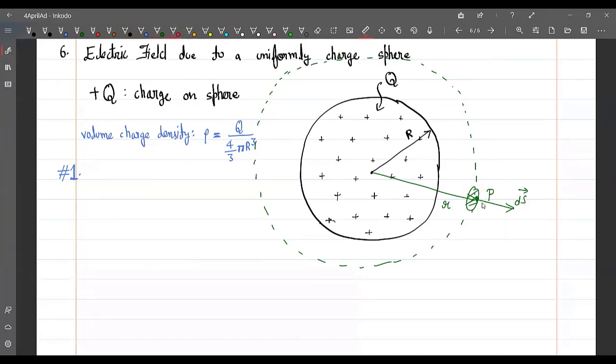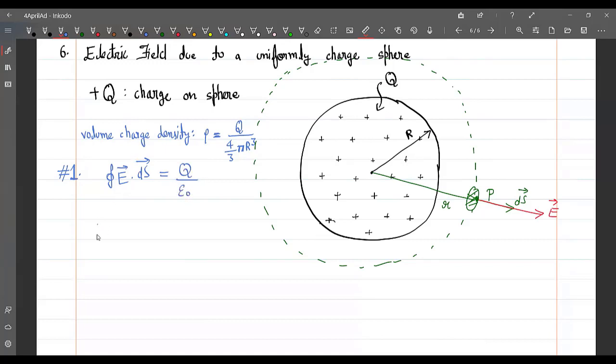And of course, electric field will be radially outwards at each and every point. But what will be its value? That we will calculate from the Gauss law. So let us find this value. Summation of E dot ds will be equal to total charge Q divided by epsilon naught.